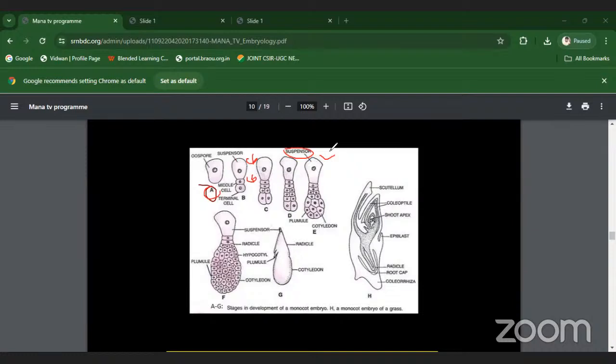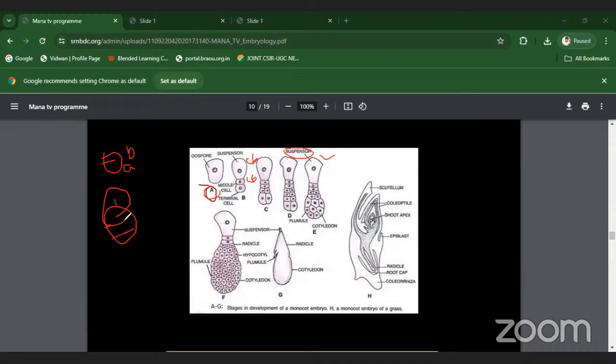First of all, this is CB and CA. CB expands as a sac-like structure, the suspensor. In CA, one transverse division takes place.